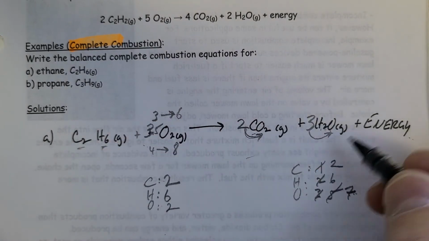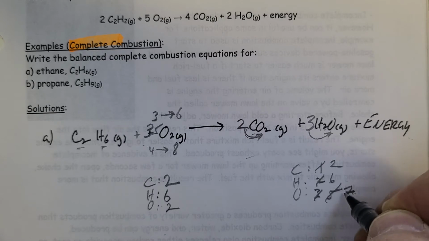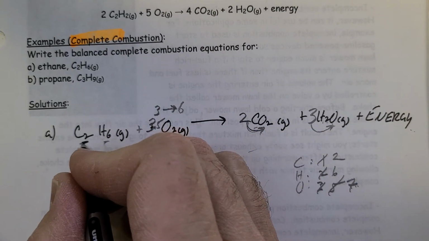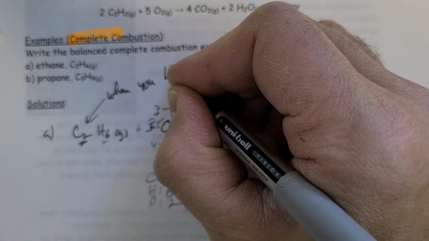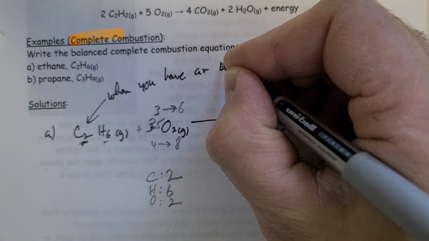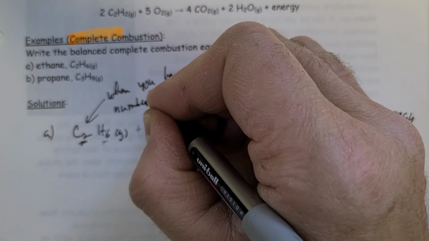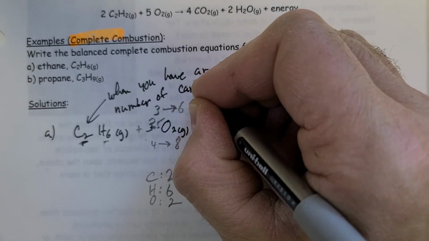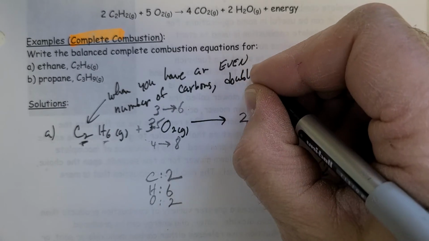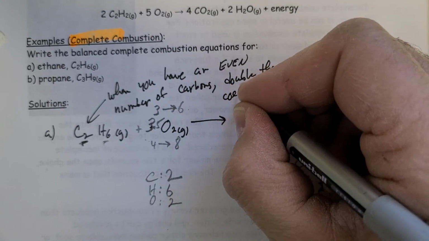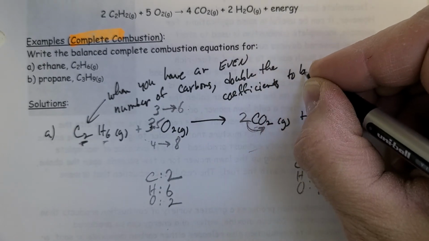So the little trick here, if you find that you get to the oxygens and you have an odd number here, and this is going to be true when you have an even number of carbons, we're going to have to double the coefficients to balance the equation.